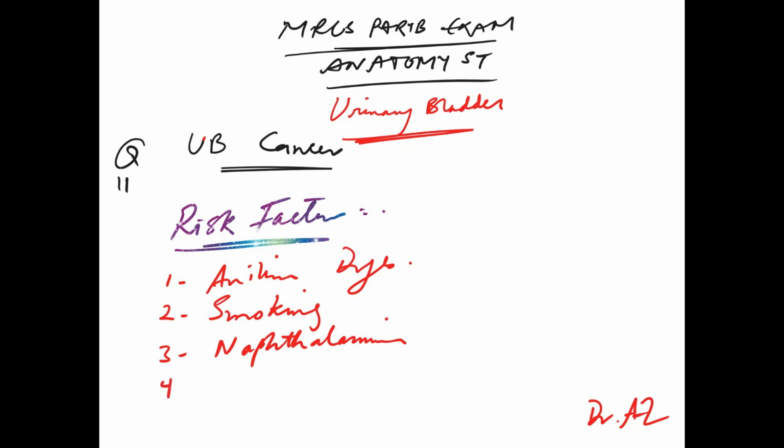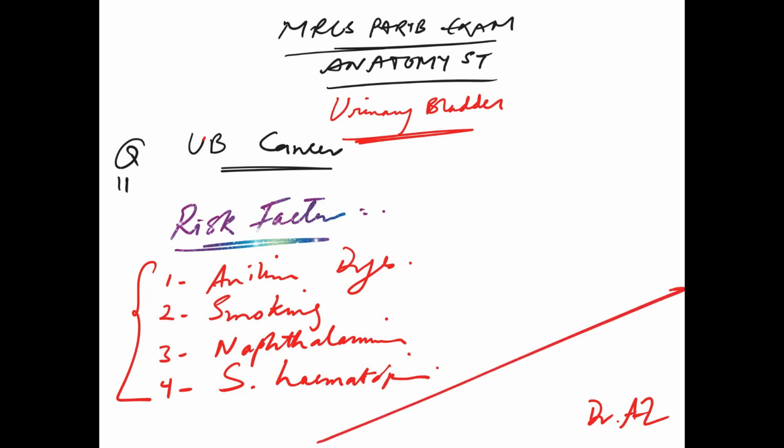And the fourth one, which is known to all of you, is the organism Schistosoma haematobium. So these are the risk factors for urinary bladder cancer, and by this answer we have answered all the questions of this station, and I hope you have good luck with it.